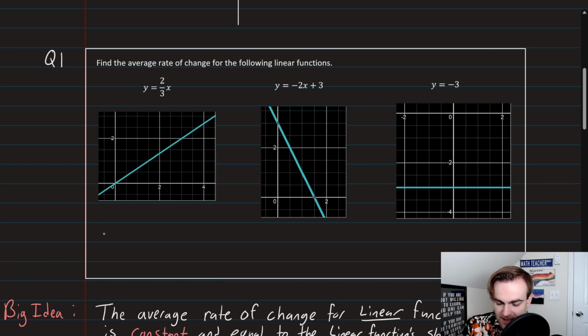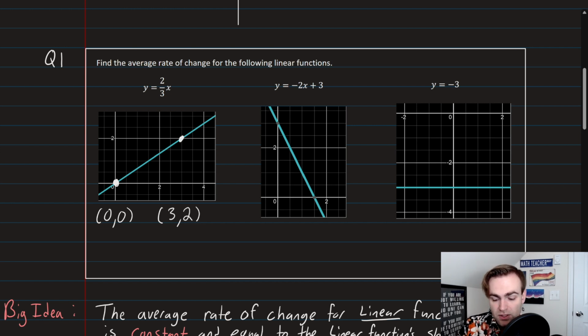If I plug in a 0, well, 0 times 2/3 is also 0, so (0, 0) is a point, and we can see that graphically right here. The next point is going to have an x value divisible by 3, so I'm going to choose 3 to make life easy on myself. If I plug in 3, 3 times 2 is 6, divided by 3 is 2, so (3, 2) would be a point, and again we can see that graphically here.